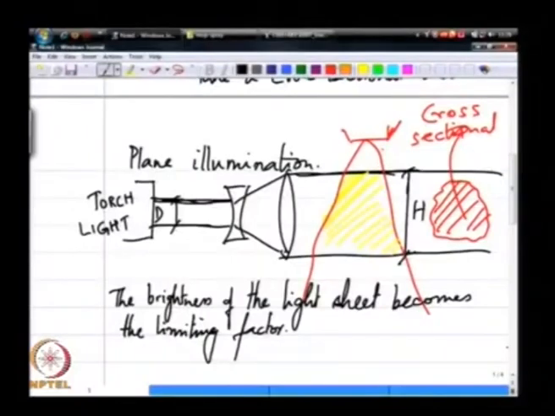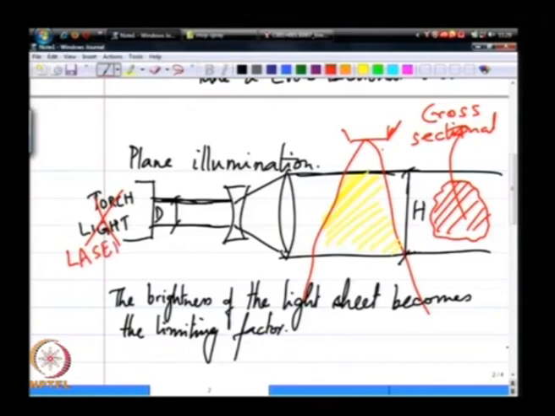So, if I create a light sheet just like I showed before, but with a laser instead of a torch light, I can create a beam of diameter d. Typically the divergence of this beam is very small, but it is not zero.